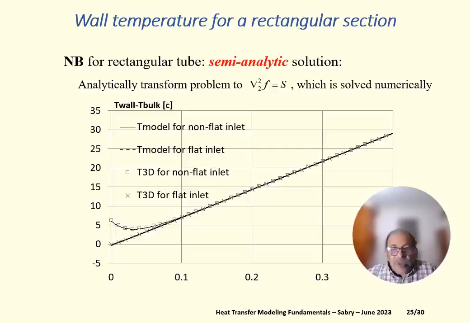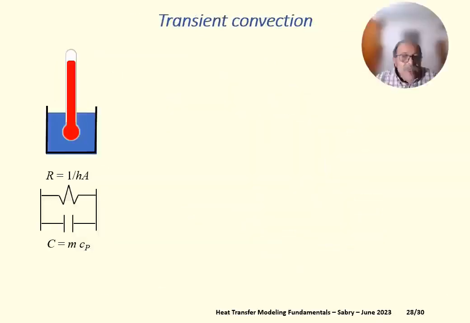This Poisson's equation can be readily solved numerically. It's a basic equation. Anyone can do that numerically to obtain the same results, that is, the model prediction and the numerical solution prediction. I have made many curves showing that they are the same.